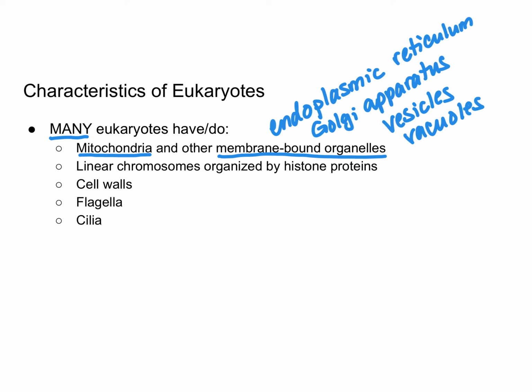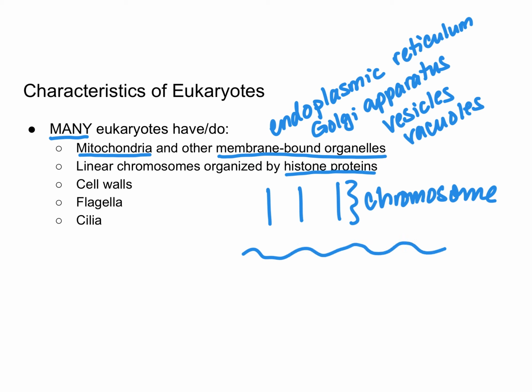Most eukaryotes also have linear or bar-shaped chromosomes, and these chromosomes are organized by histone proteins. So this is a chromosome here. Remember that chromosomes are made up of a double helix of DNA. And that DNA ends up getting wrapped around these histone proteins.